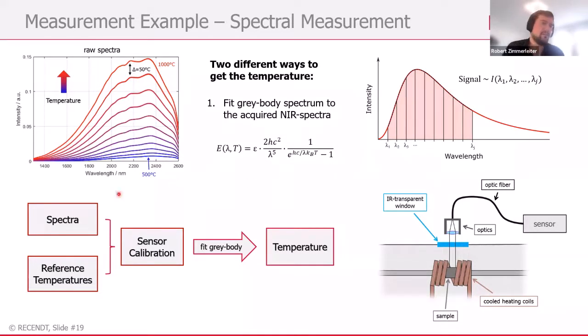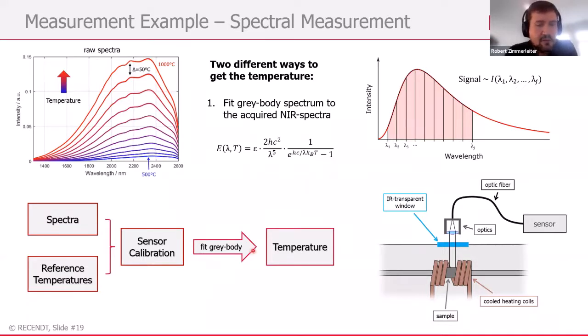So what we do now is we take the spectra that we acquired and the reference temperatures and use it for a sensor calibration. So basically we calculate a black body spectra from these sensor curves. And with this sensor calibration, we can then measure new spectra and then fit the gray body formula to it and get an exact value for the temperature that we would expect.